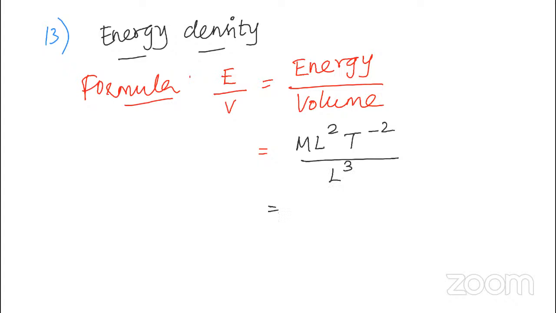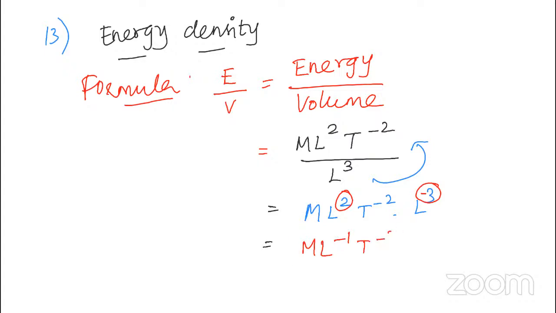The L cube we bring above, so it becomes power minus 3. So M L square T power minus 2 into L power minus 3 gives M L power minus 1 T power minus 2.